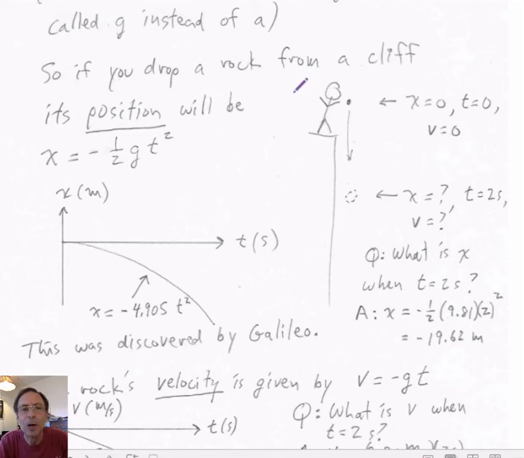Okay. Now, so let's take a look at an example. If I drop a rock from a cliff, then its position will be x equals minus 1/2 g times the time squared. So g is the acceleration, 9.81, but in fact the acceleration is downward, and so we've added this negative sign to say it's downward.